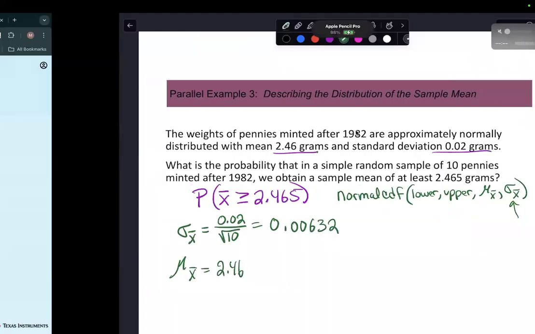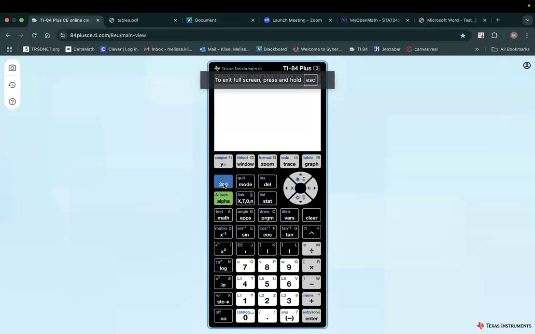Let's go to the calculator. So do normal CDF. I'm going to put in we're greater than or equal to, so 2.465 is the lower. My upper is 1E99. My mean, 2.46. Standard deviation, this is the new standard deviation, 0.00632.